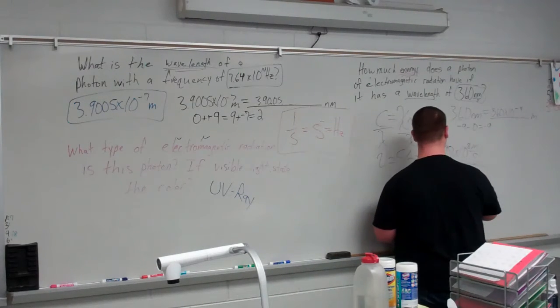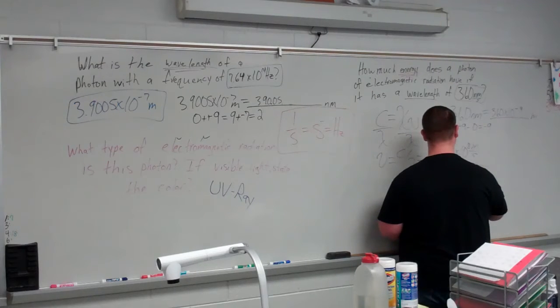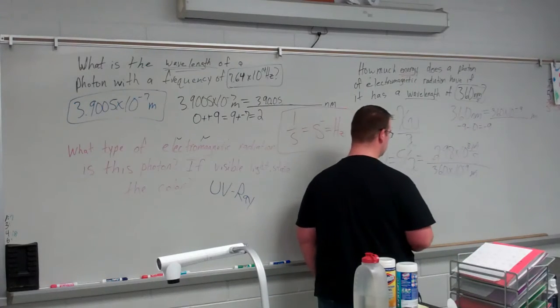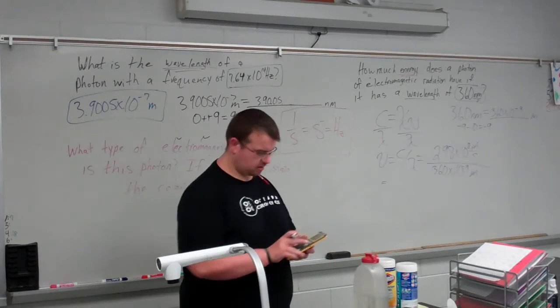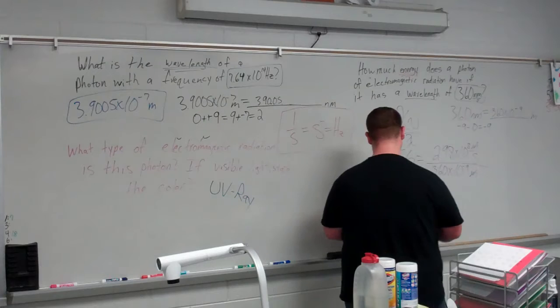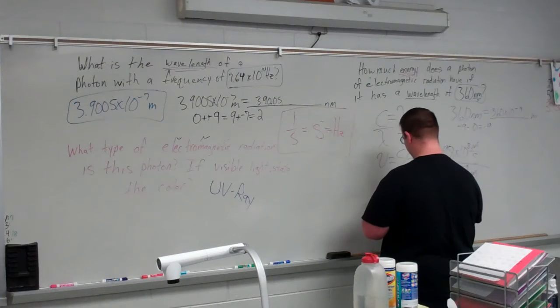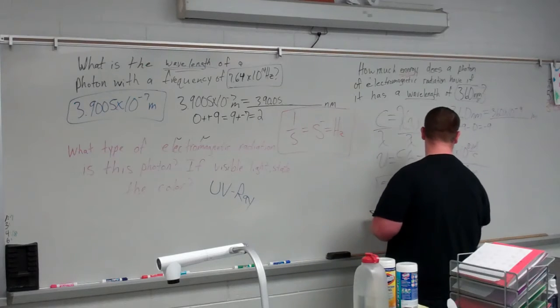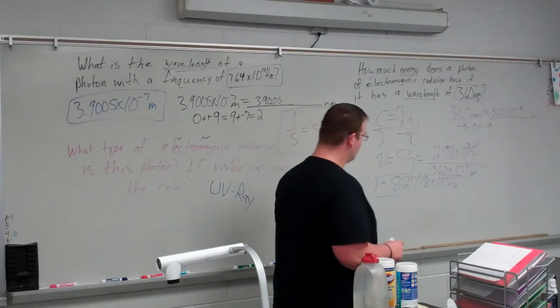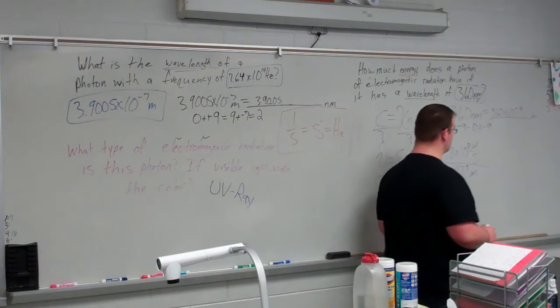So divide it by 360 times 10 to the -9 meters. Meters cancel. Once you get that, you get 8.28 times 10 to the 14th hertz. Once you've done that, you then plug it into the energy equation.